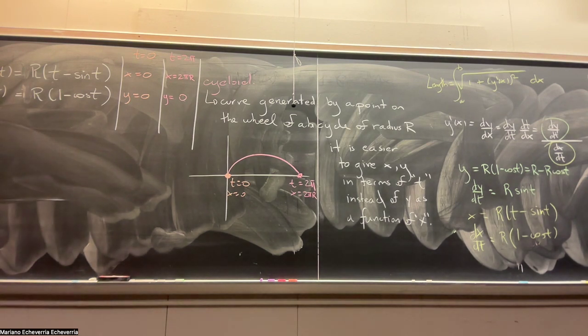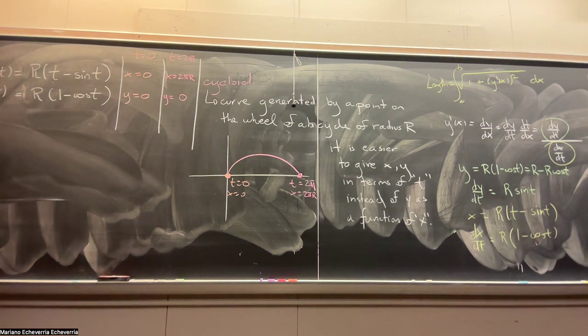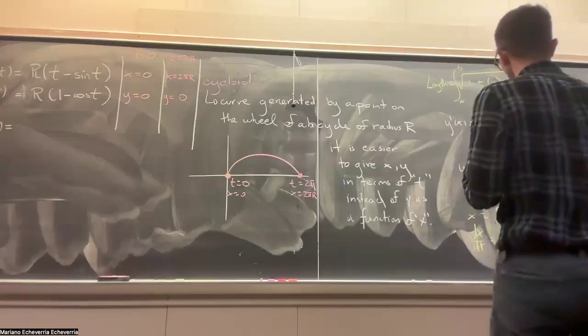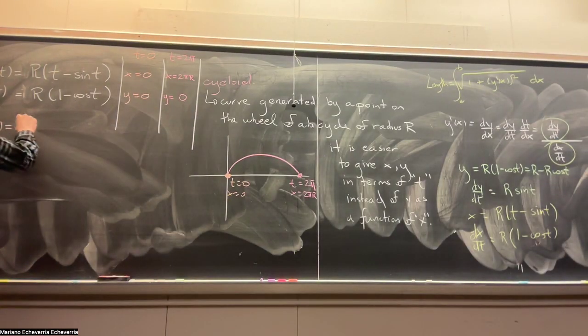Oh, well, I already erased that actually, but I'll remind you in a moment what that was. So y prime of x would be dy dt over dx dt, but dy dt is r sine of t, divided by r times 1 minus cosine of t.